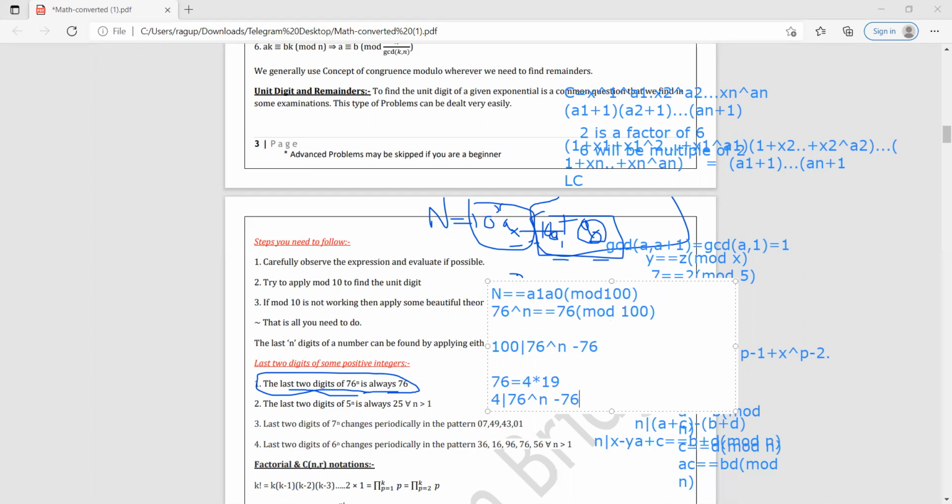If you see the factorization of 100, it is 4 into 25. So if we somehow prove that 25 divides 76 raised to n minus 76, then we are done.